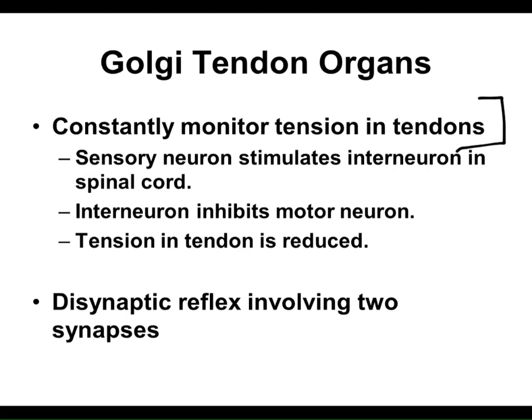Hold on, let's back up. When we strike the patellar ligament and we stretch the muscle and we activate the spindle fibers, the muscle then did what? Contracted, right? So the reflex is to contract. But if I am stretching my muscle and the Golgi tendon organ, which is at the muscle tendon border, is activated, what is it telling my brain? That the muscle is being stretched too much.